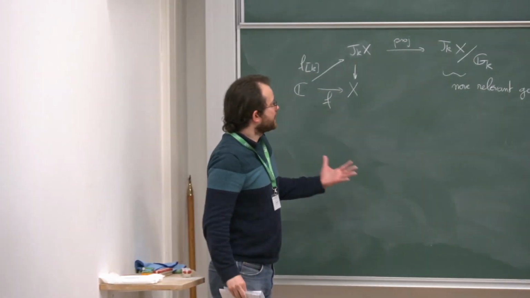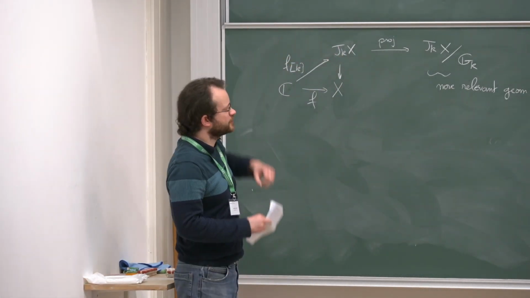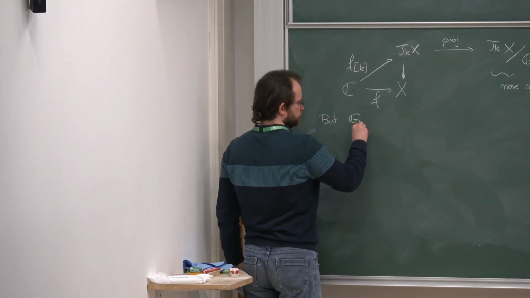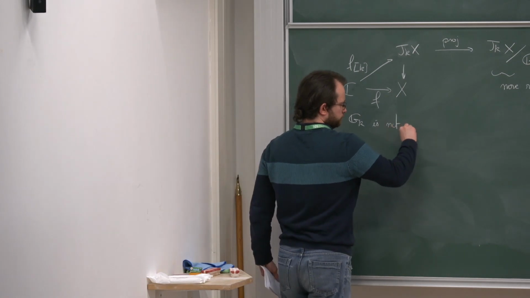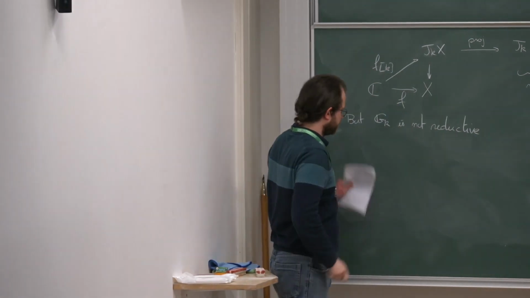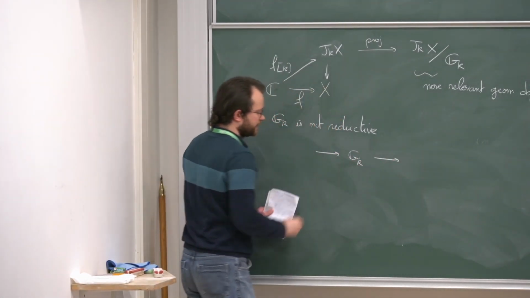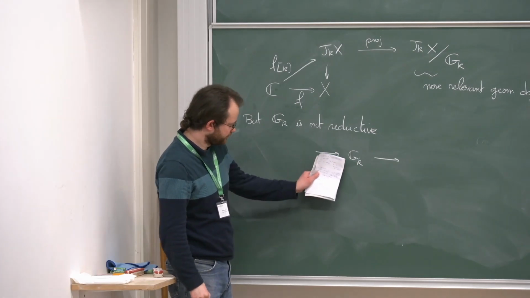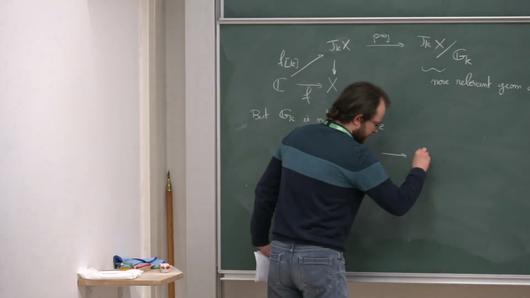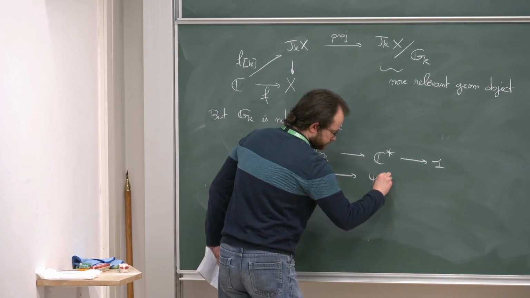Okay, but the problem is that maybe you have already convinced yourself that this group G_k is not reductive. So indeed, you can actually write the Levi exact sequence. So if you have an element of G_k, you can project it to C star simply by taking its derivative at 0.